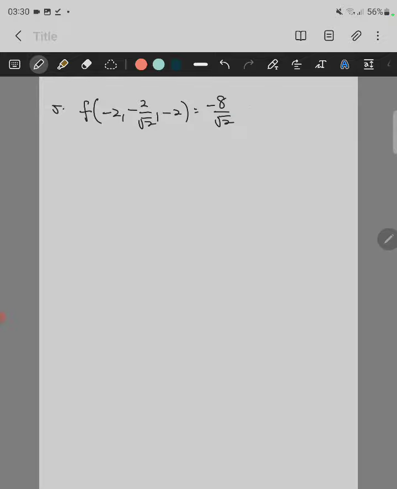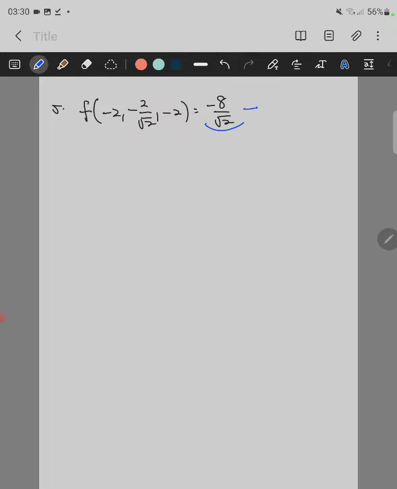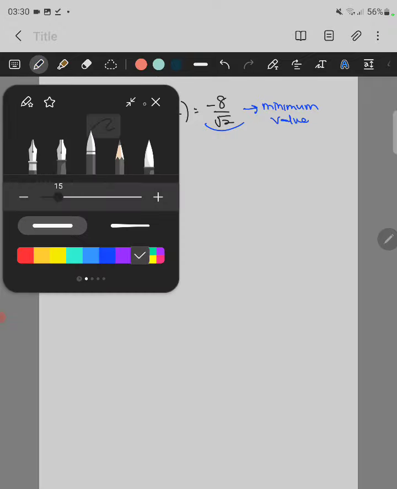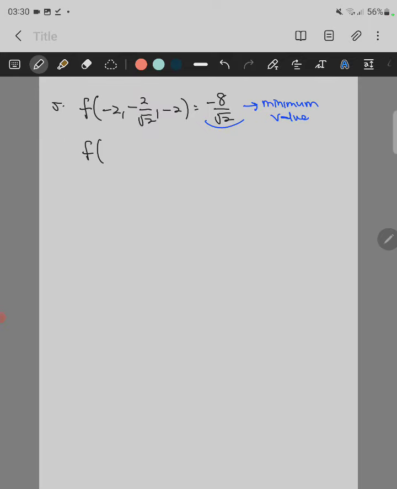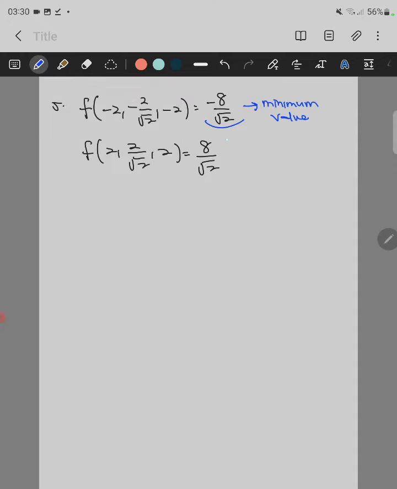Since this value is the smallest, this will be the minimum value of our function. And f at 2, 2 over square root of 2, 2 is equal to 8 over square root of 2, so it follows that this will be the maximum value.